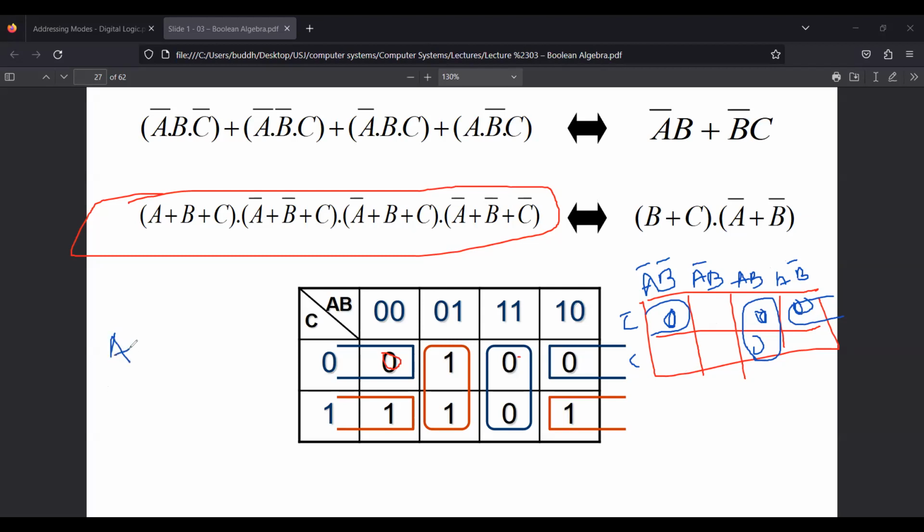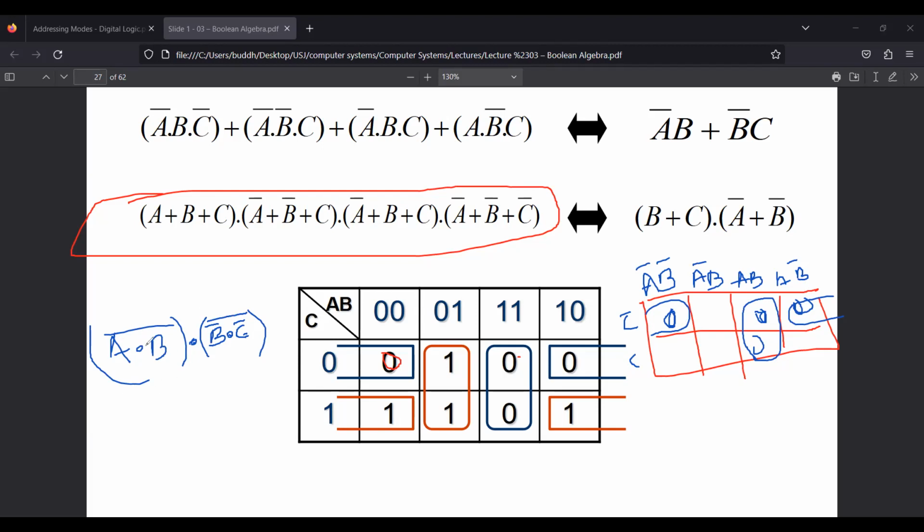That means A bar and B bar, and this will come in product of sums form. And in this one, the unchanging variables are C bar and B bar, right? And we need to negate that one as well.